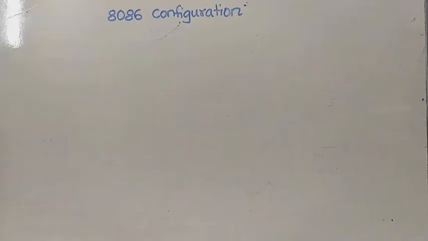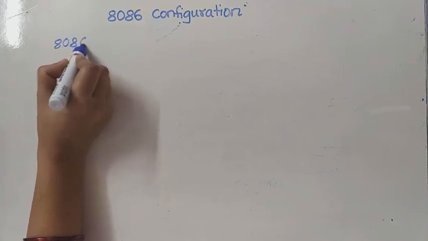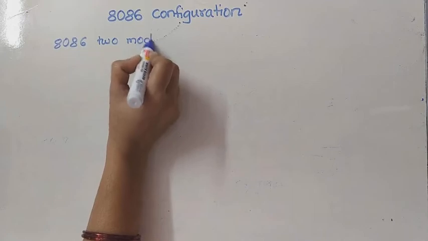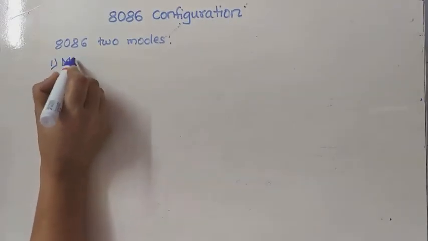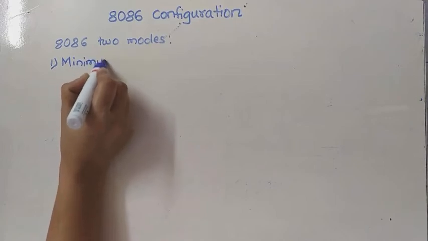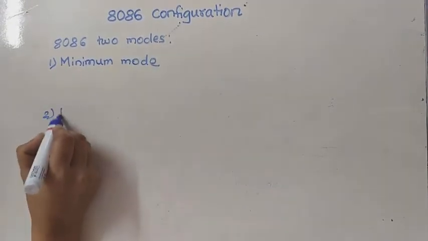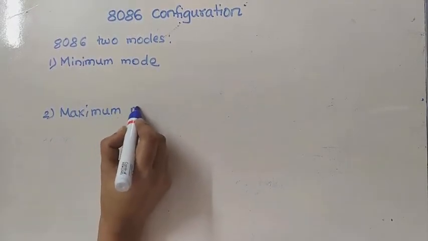So, as we know, 8086 can work in two different modes. That modes are minimum mode and second one is maximum mode.